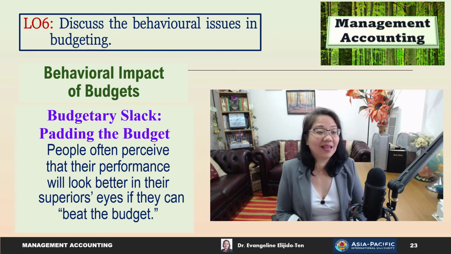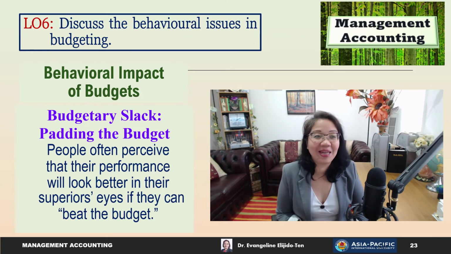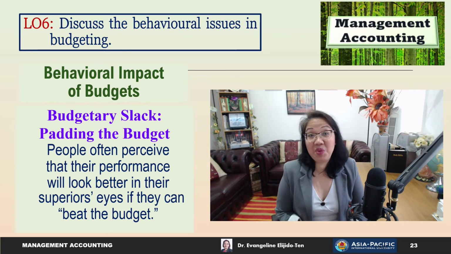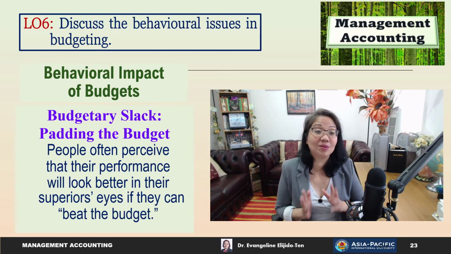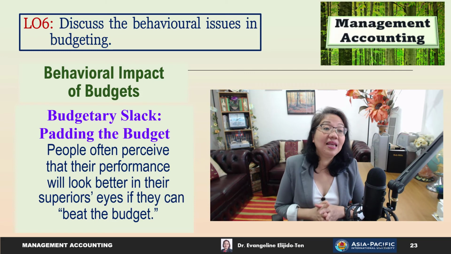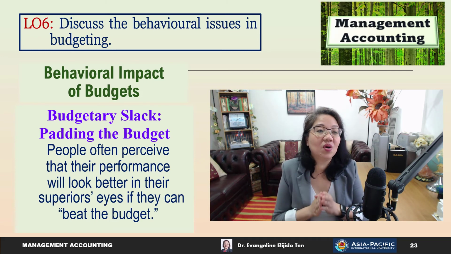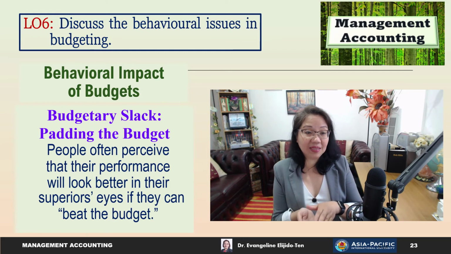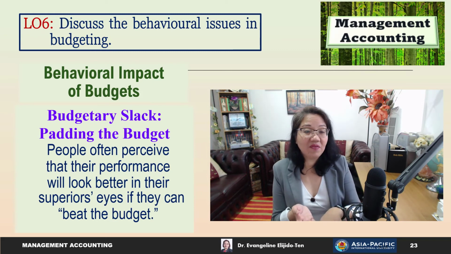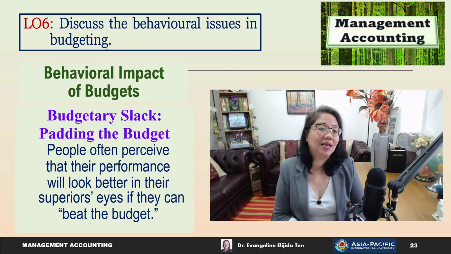Well, at least that is the perception of many managers. And in the behavioral area, perceptions are what count most. These illustrations are examples of padding the budget. So budget padding means underestimating revenues or overestimating costs.